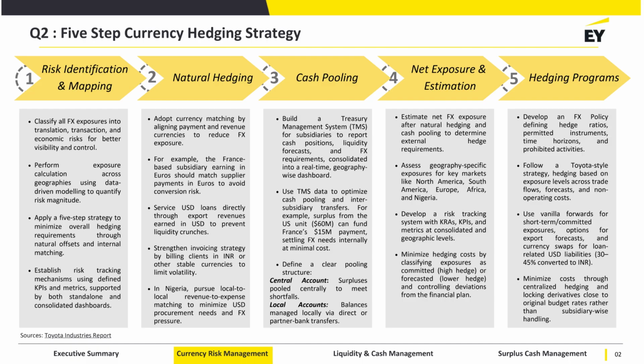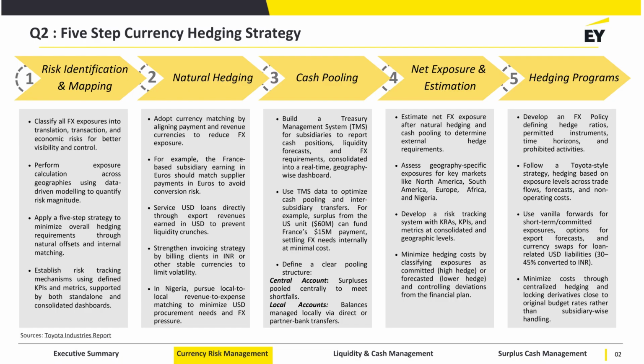The purpose of this step is to ensure that there is clear knowledge and transparency about the current foreign exchange exposure levels of ABC Company. We will track risks through various key performance indicators and use defined metrics supported by standalone and consolidated dashboards.